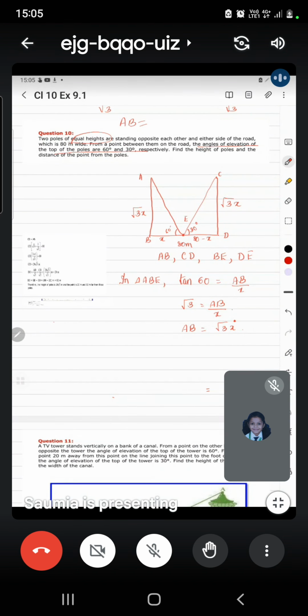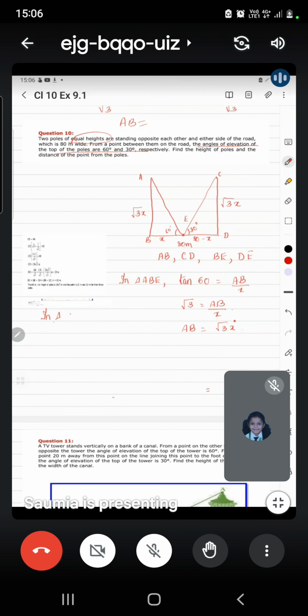Now what will I do to get the value of x? What have we been doing so far? We can go to the next triangle.